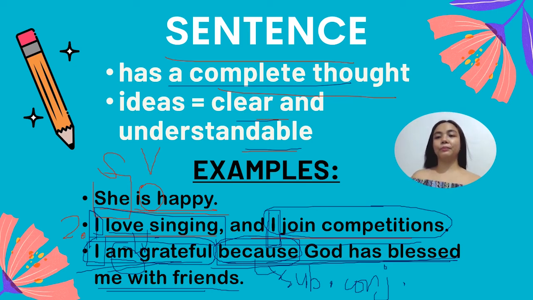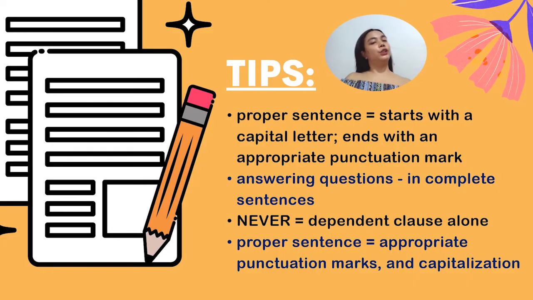Alright? Okay. So tips. Remember, whenever we write a sentence, a proper sentence starts with a capital letter. It's the very basic thing. Okay? And always end it with an appropriate punctuation mark. Okay?